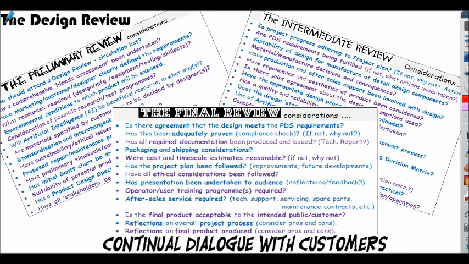And during this process, our students had to undertake various design reviews. There are 3 design reviews scheduled throughout the 30 weeks. Initially, the preliminary design review, which encompassed the development of the product design specification. An intermediate design review, this was usually around the conceptual design stage as we enter into a detailed design stage. And again, the PDS was a very relevant document to refer to within this stage of the process.